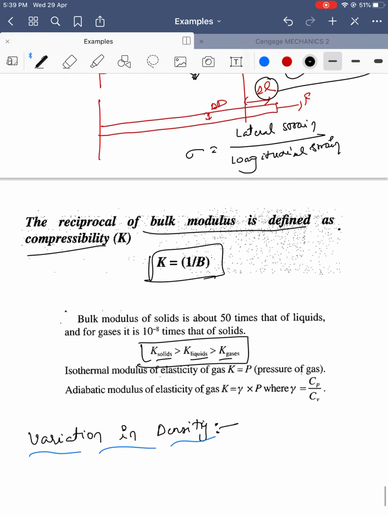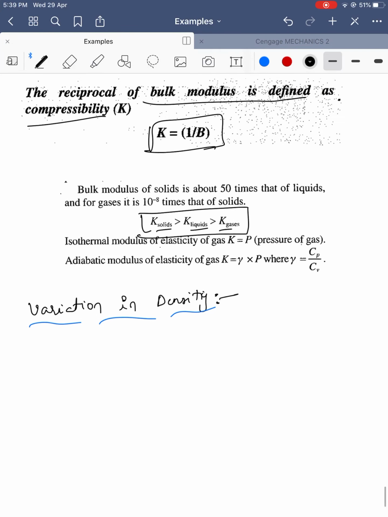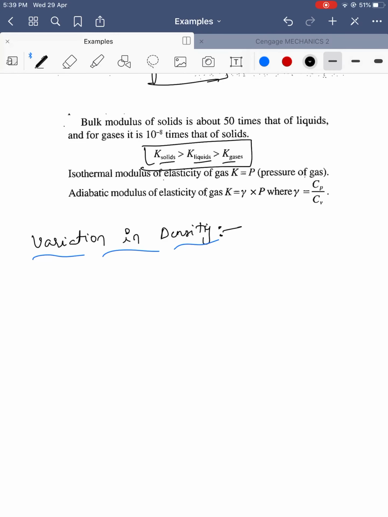Okay, next we are going to the other part, variation in density due to bulk modulus. Rho is equal to mass by volume. Listen to one important property. Say any property P is equal to A to the power a, B to the power b, C to the power c.